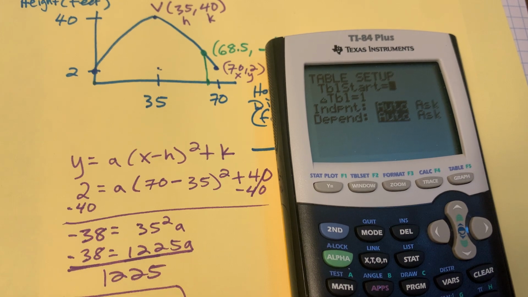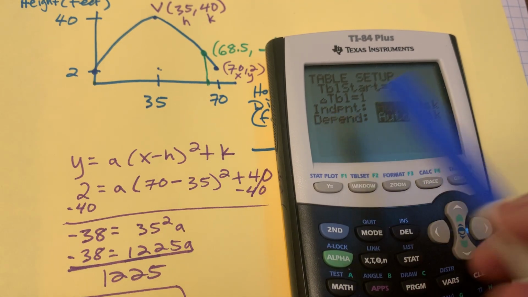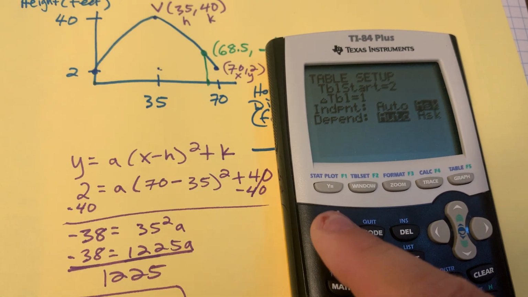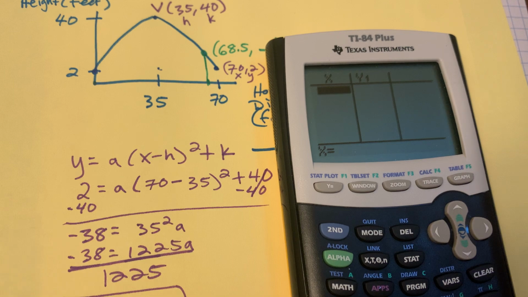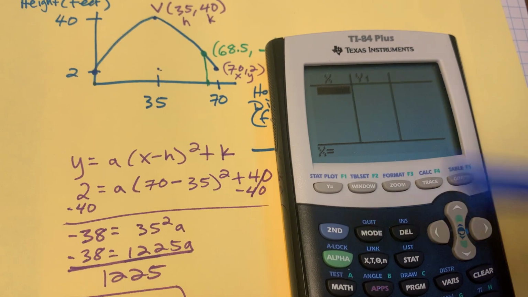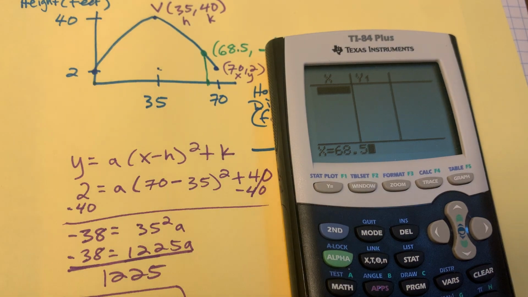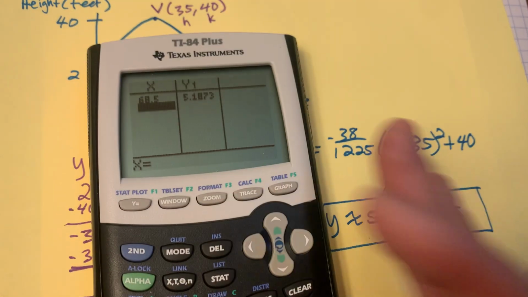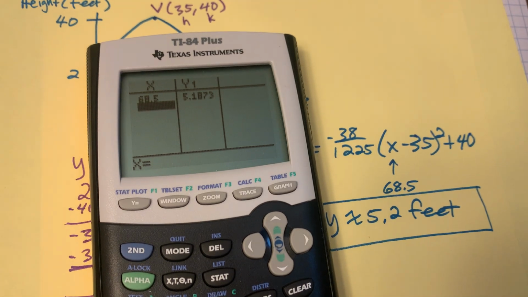This is table setup. So you can go right down here to independent, those are x values, switch it over to ask. Once you do that, you go back to your table and you can type in any x values that you want. So I want to know what's going on at 68.5, 5.18, 5.2, which is exactly what we got before.